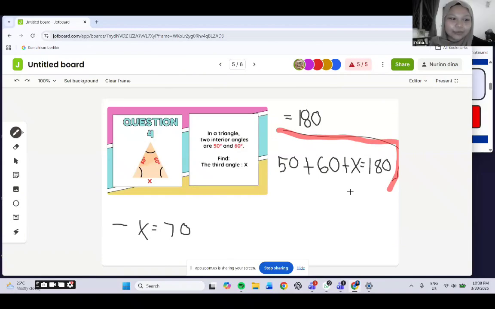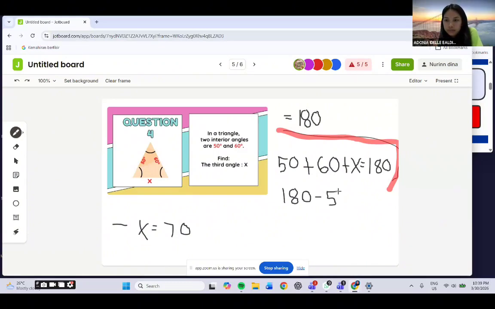So to find the third angle x, what we need to do is 180 minus 50 minus 60.